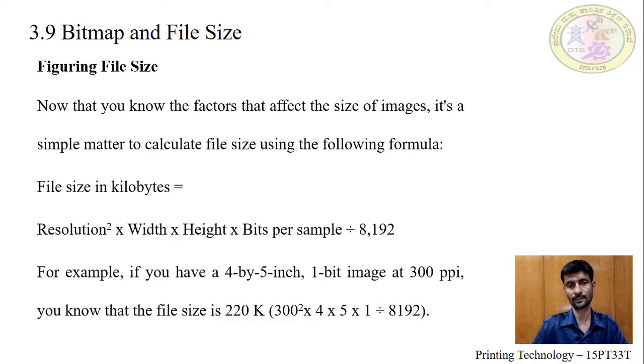is equal to 8,192 into 192. For example, if you have a 4 by 5 inch, 1-bit image at 300 dpi, then similar to that, it is divided, and finally we get a 1-bit image equal to 300 dpi.